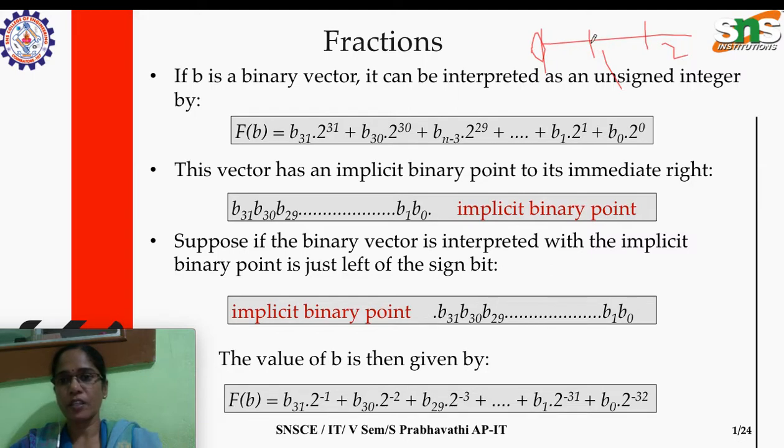Between 1 and 2, which are finite numbers, there are infinitely many numbers, is it not? 1.1, 1.01, 1.001, it goes on like that.